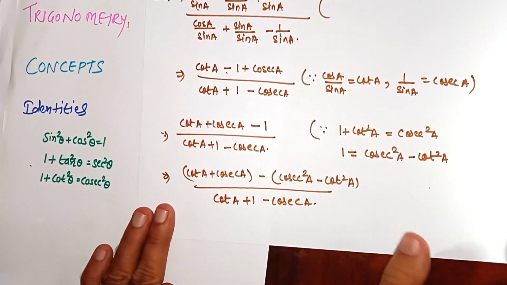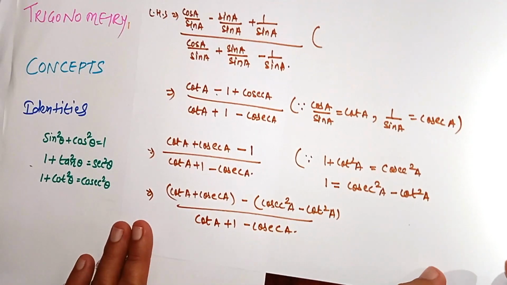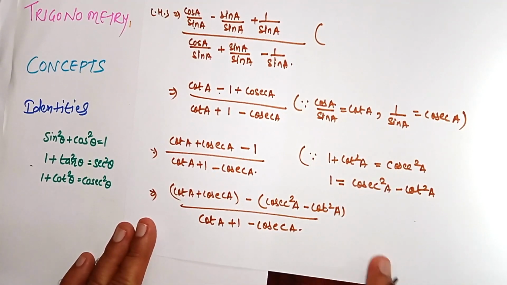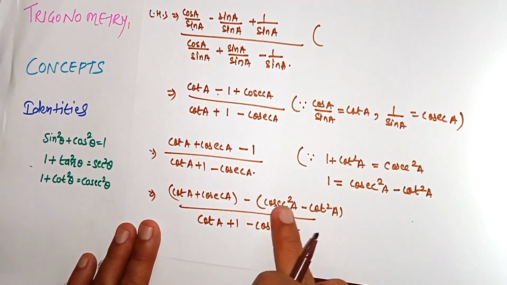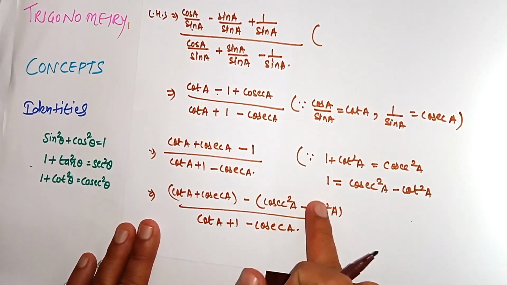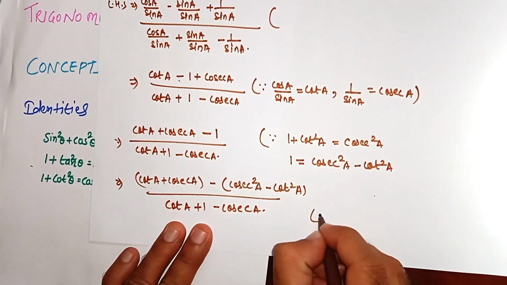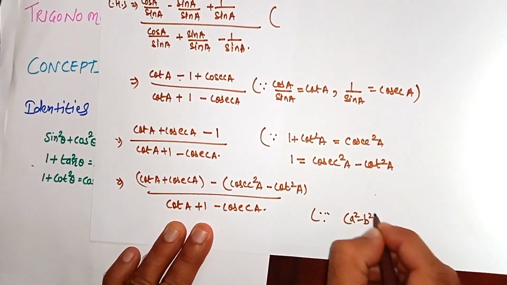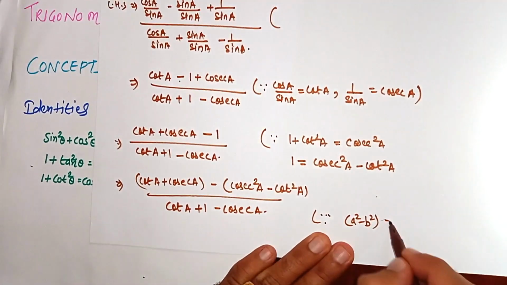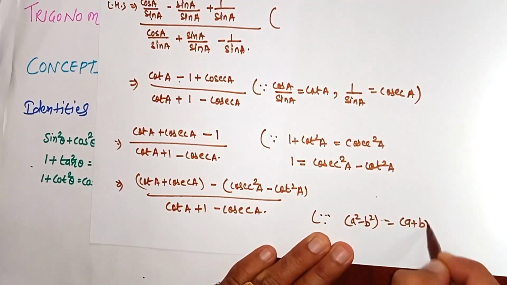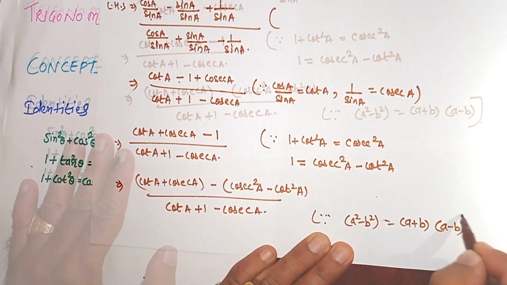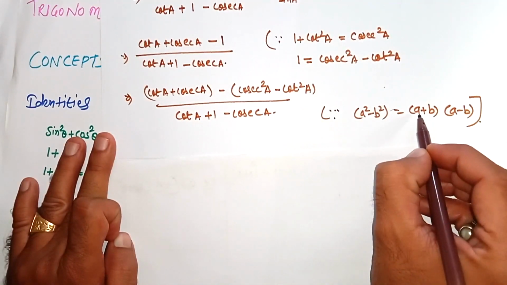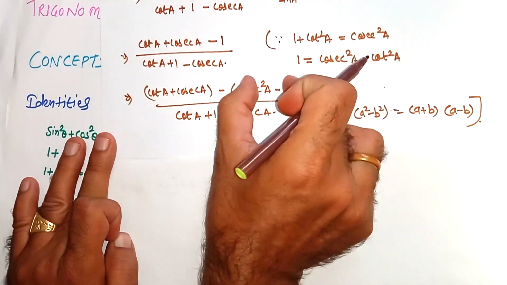I hope you are getting it till now. So let's proceed. See here, this has become the identity of A square minus B square. We know that A square minus B square is A plus B times A minus B. So using this identity, we apply it here.